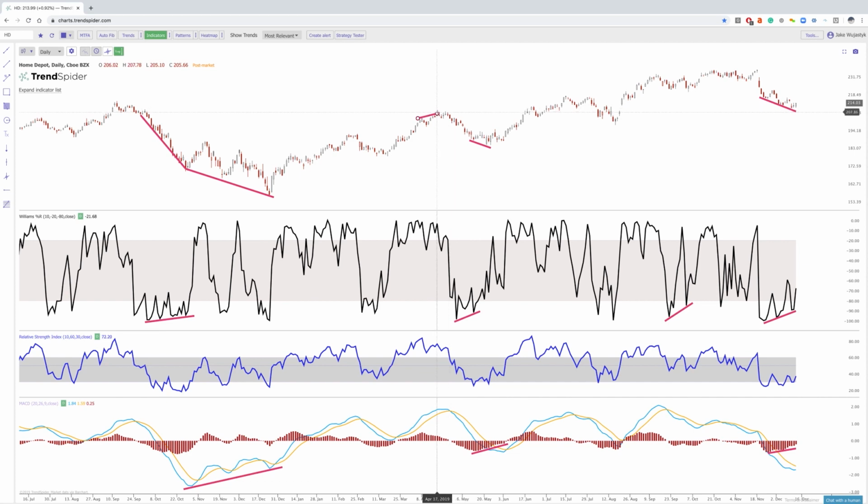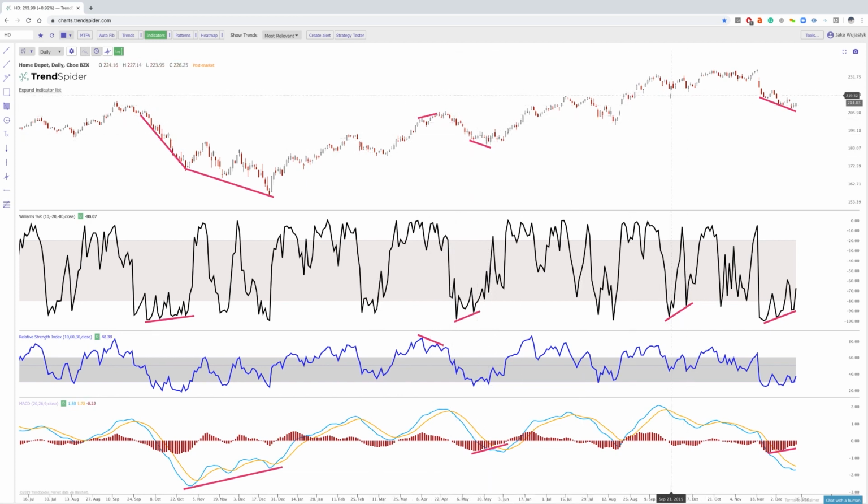And notice that we're creating a higher high here on the price, but on the RSI, which is the next indicator we'll look at, we're actually creating a lower high. And notice that this ends up being the topping area for this particular move to the upside, and then we move down. However, it stays in the uptrend and continues to move up for quite some time.